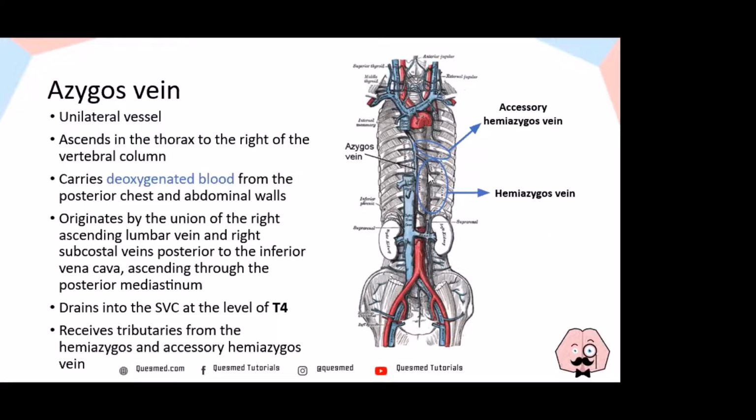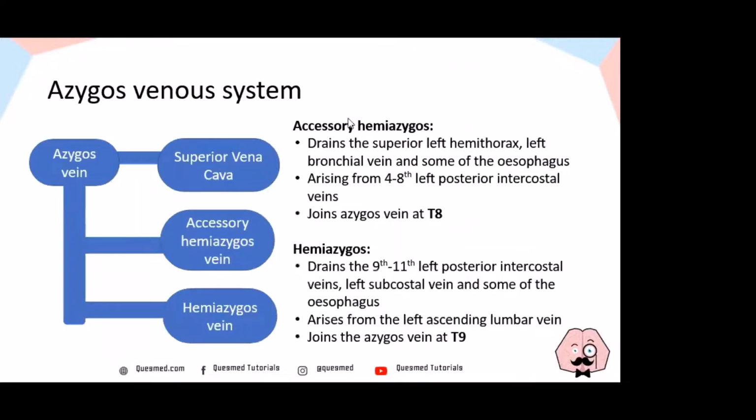You've also got your hemiazygos and accessory hemiazygos veins. So your accessory hemiazygos vein drains from the superior part of your left hemithorax to your 4th to 8th posterior intercostal veins, and it joins the azygos at about the T8 level. Your hemiazygos vein is very similar to a mirror image of your azygos vein.